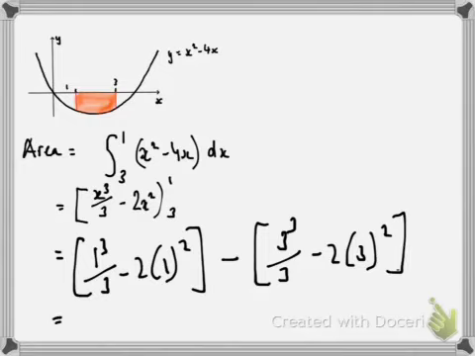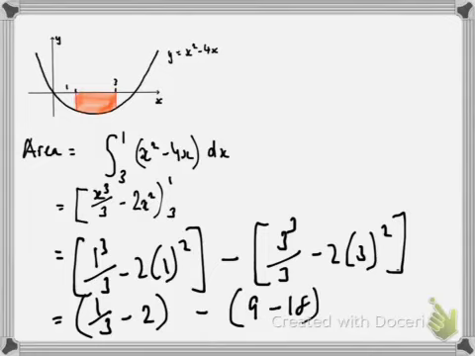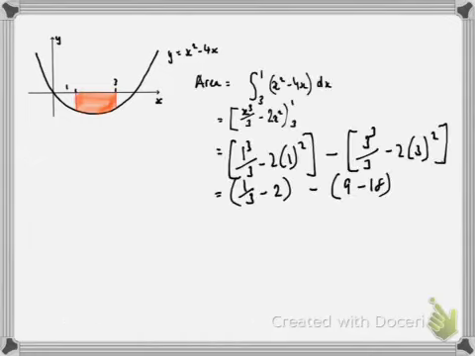That's going to be 1 on 3 minus 2, minus 27 on 3 is 9, and negative 2 times 3 squared is negative 18. Just rearrange things a bit so I can fit in the answer.